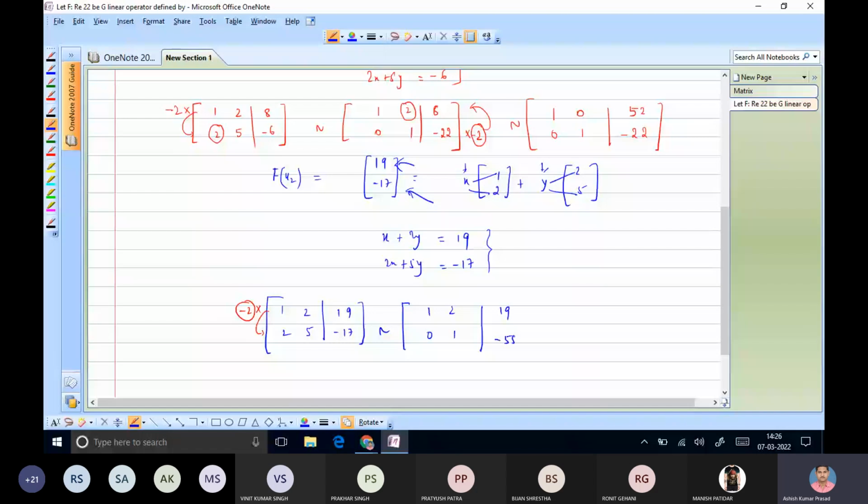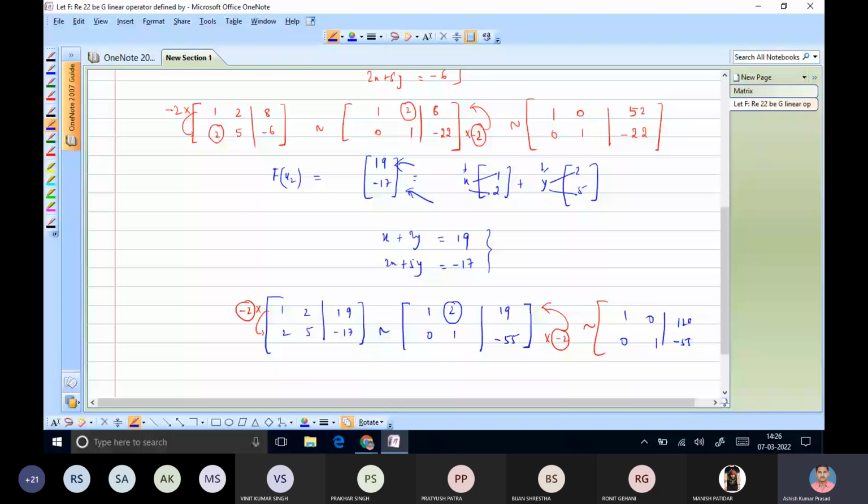Then I have to make this element 0. So I will multiply the second row by minus 2 and add it to the first row. So at the same time I will get 0, 1, minus 55, and here 1, and minus 2 plus 2 is 0, and 55 into 2 is 110 plus 19, 129. I got 129.